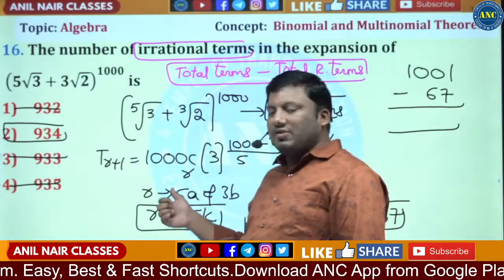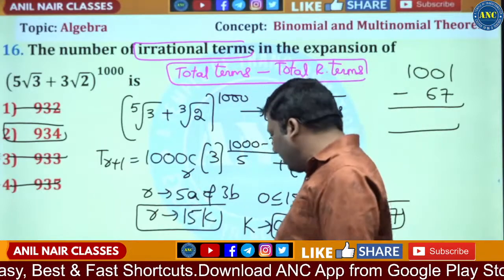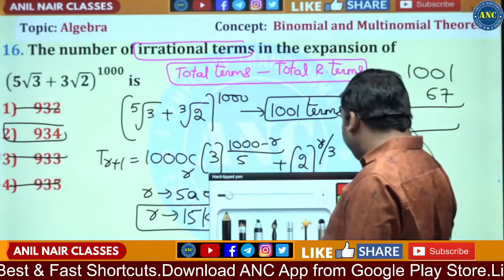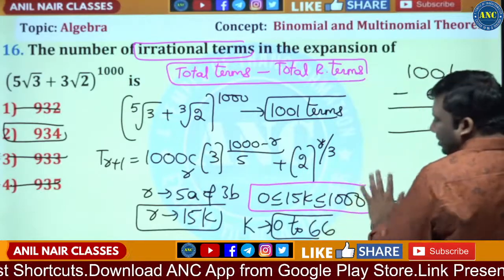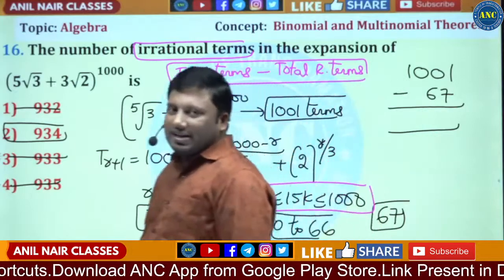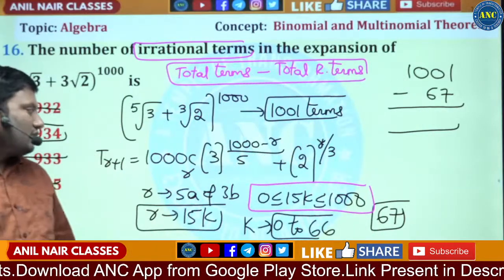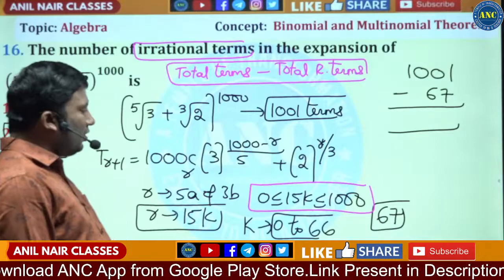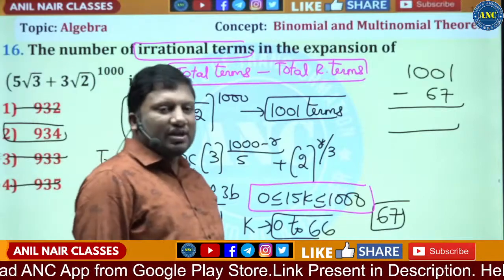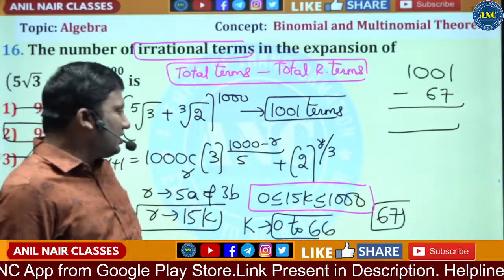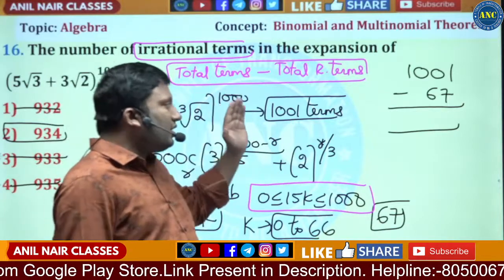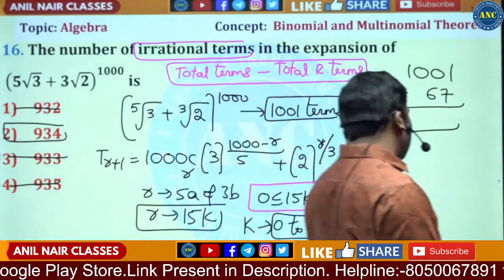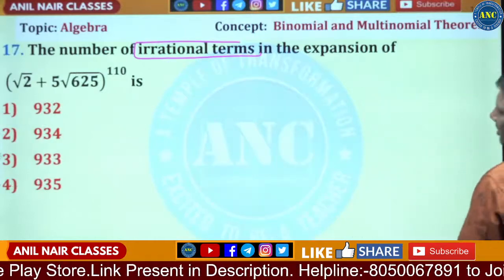A number which is divisible by 5 and 3 is divisible by 15. 0 is less than or equal to 15k, which is less than or equal to 1000, so k will range from 0 to 66. So the number of rational terms is 67. Out of 1001, 67 are rational, so the remaining will be 934.